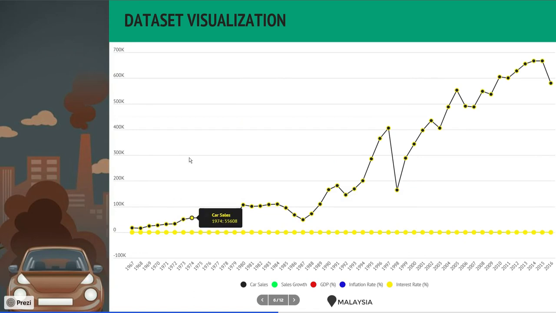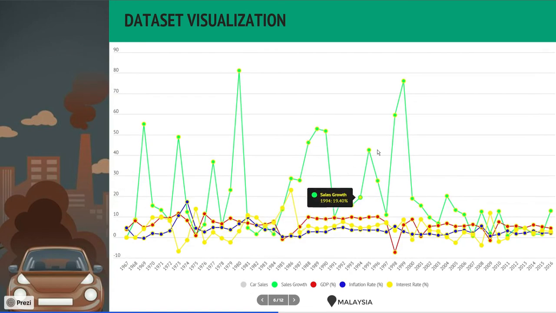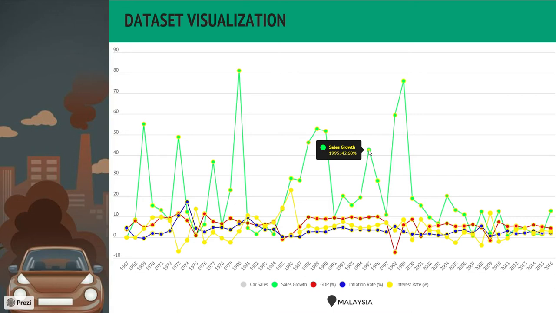In this line graph, we can clearly see that car sales in Malaysia gradually increased from 1967 to 2016. And also the other 4 variables, for example, the sales growth in 1995 is around 42.60%.